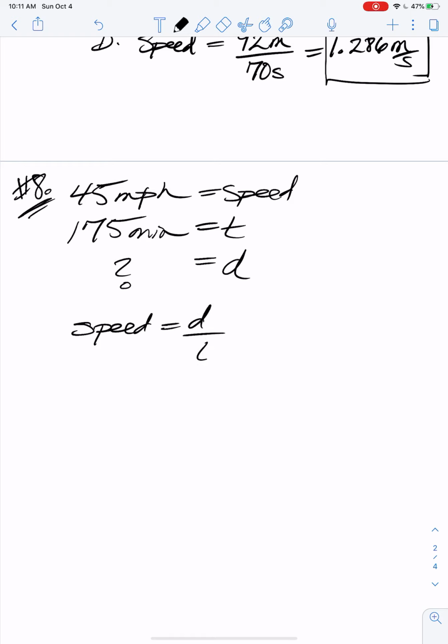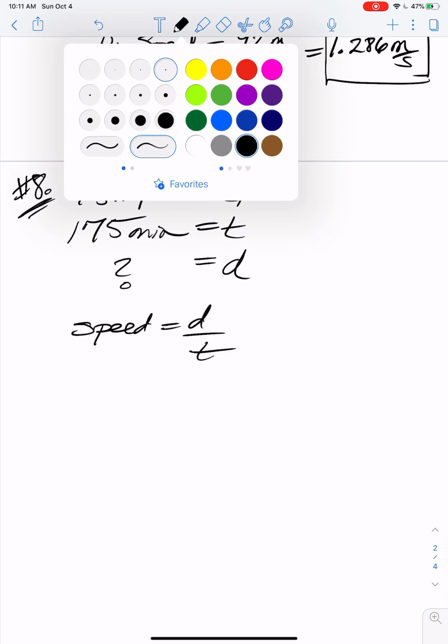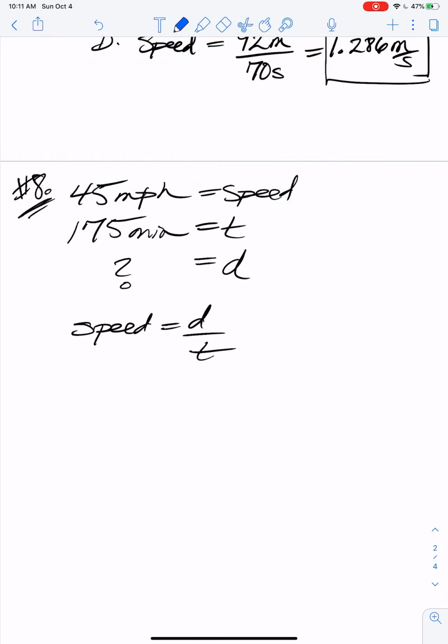So this is fairly simple algebra. Speed equals d over t. I go find my formula, plug in what I don't know. But I notice here that I'm not going to be solving for speed, so I technically do need to rearrange this formula. So I'm going to do it right now before I plug numbers in. When I was in school, I used to always plug numbers in first because I like the numbers, but the teachers would always hold off on doing that because you can see relationships in the variables that you can't see when you plug numbers in because the numbers start to connect together, right?